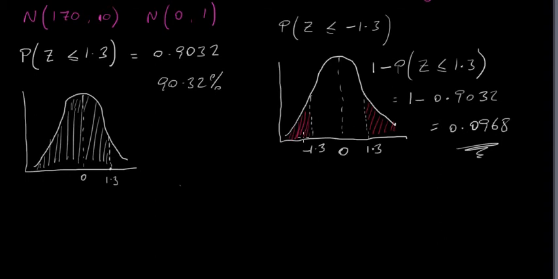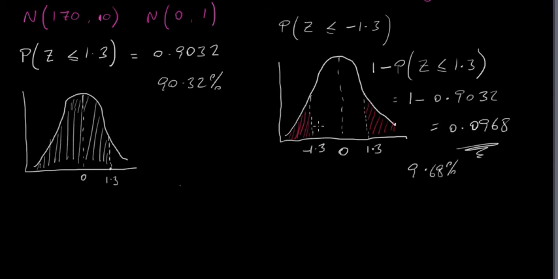So the probability of z being less than minus 1.3 is 0.0968, or simply 9.68%. So there's a 9.68% chance of a data point appearing in this part of your normal distribution.